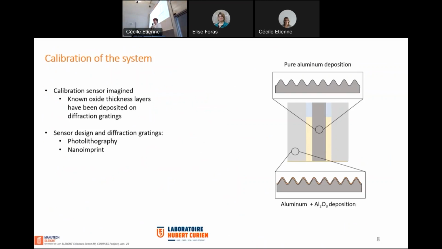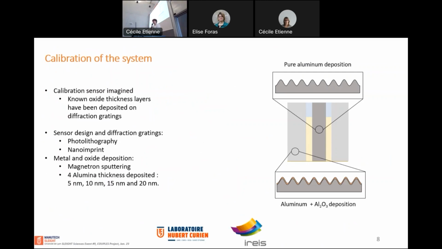The sensor design and diffraction gratings have been fabricated by photolithography and replicated with nanoimprint in order to obtain many different sensors with exactly the same parameters. And the metal and oxide deposition has been done by HEF IREIS, by magnetron sputtering.